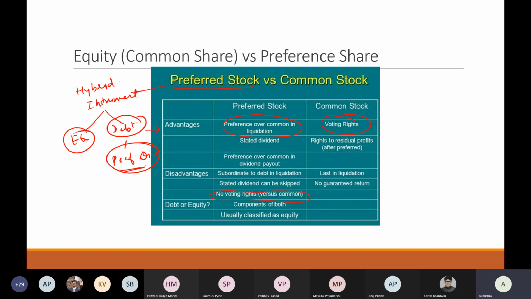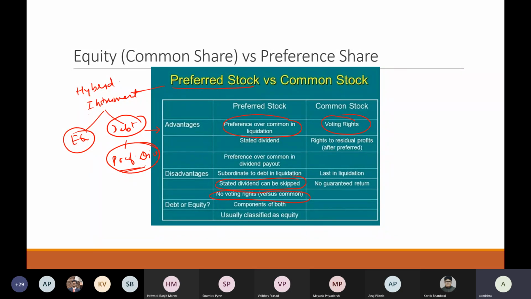And many times you will observe that the company is not able to make payment to the preferred stockholder. But what happens? The company will have to pay. So the company can defer for one or two years, but in the third period or so, when the company's performance is good, the preferred shareholder will get the preference dividend, even the previous due preference dividend.